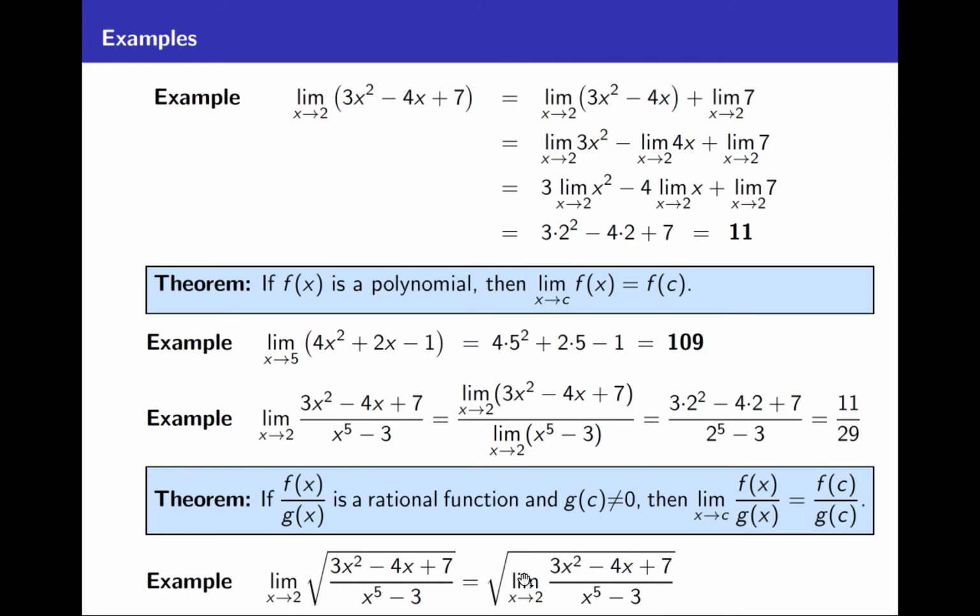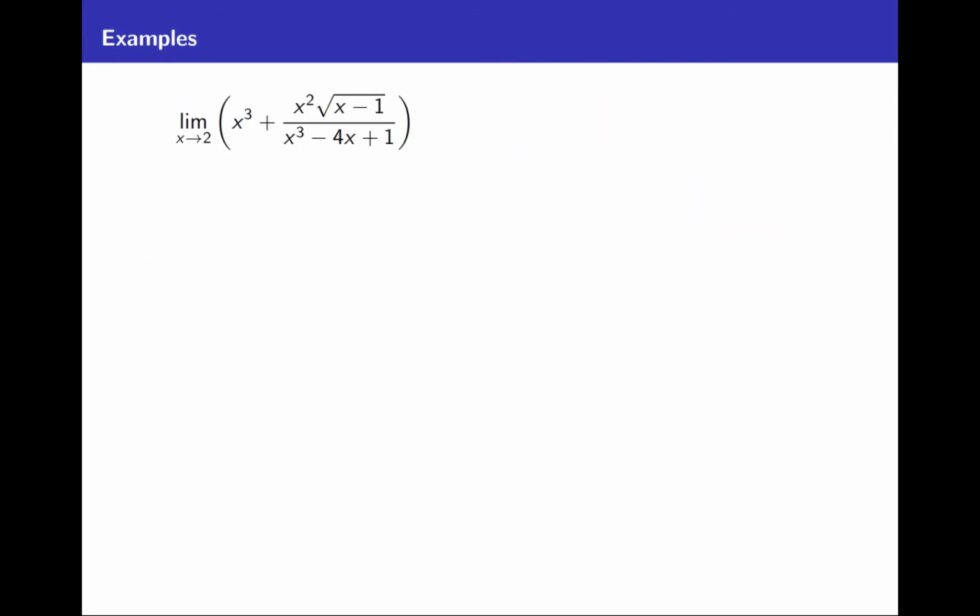And this limit right here, we're going to recycle some of our work. We just worked that up here. That's 11 over 29. So working out this limit inside the radical, you get the square root of 11 over 29. So I hope these problems seem easy. Nonetheless, work some exercises to convince yourself that they really are easy.